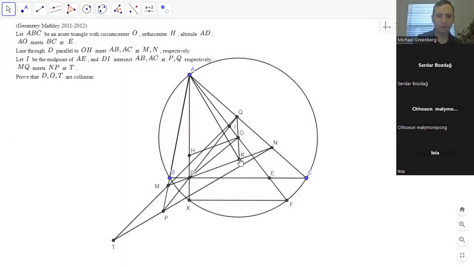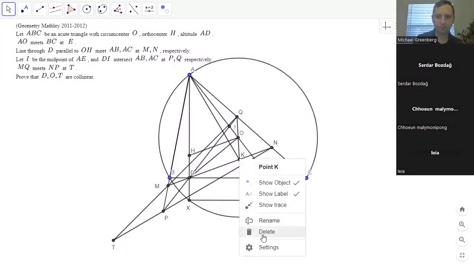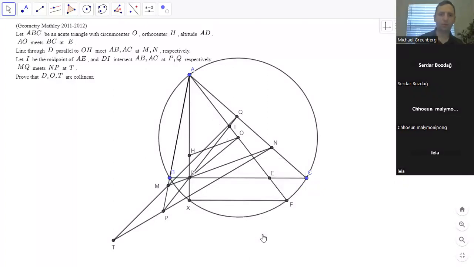Do I need K? I don't think so. So this is the original diagram. You have the parallel to OH through D, and it meets AB and AC at M and N. And then you draw a line DI, where I is the midpoint of AE, and it meets at P and Q. And then MQ and PN meet at T, and you want to show DO and T are collinear. So it looks kind of interesting.